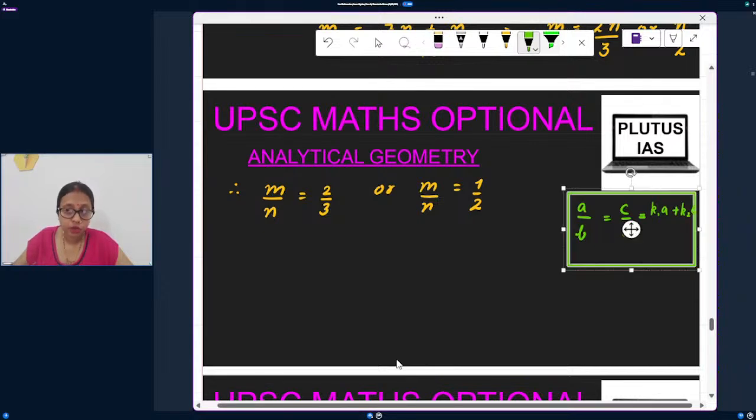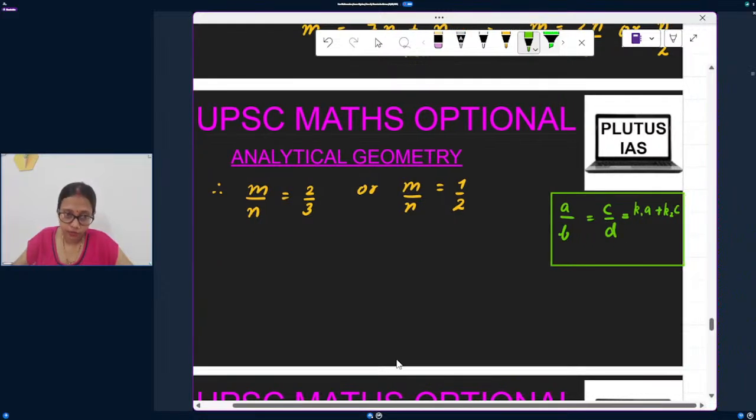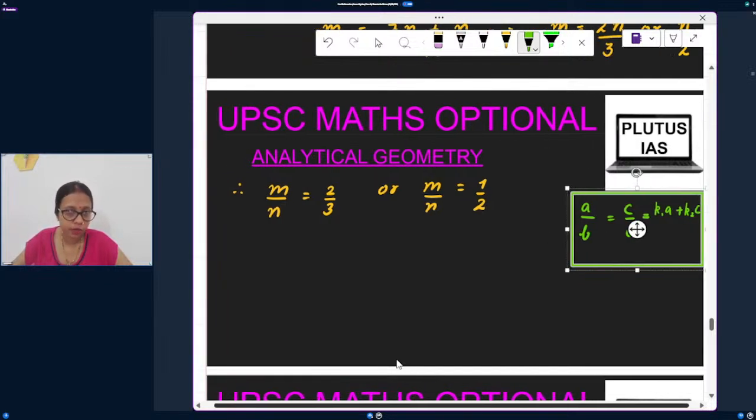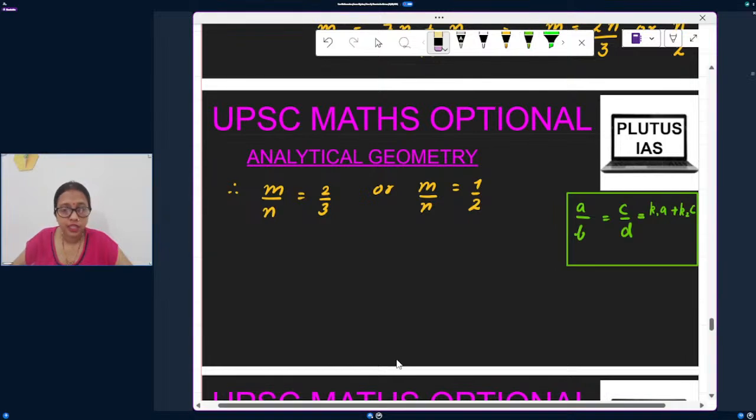It's a linear combination of a and c, k1 times a plus k2 times c. The same linear combination you have to do in the denominator also, k1 b plus k2 d.